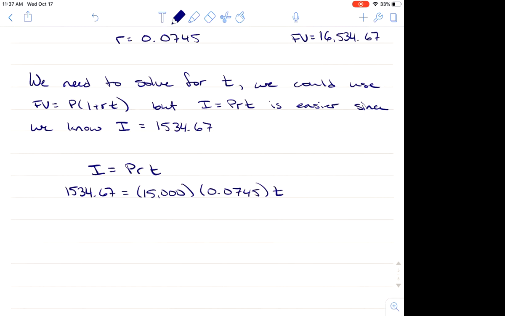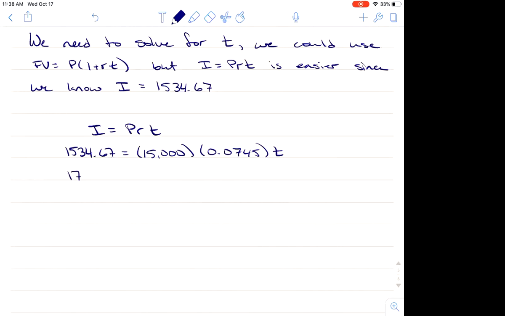Solving for T. And so 15,000 times 0.0745, I have 1534.67 is 1,117 and 50 pennies times T. So T must be 1534.67 divided by 1,117.50.